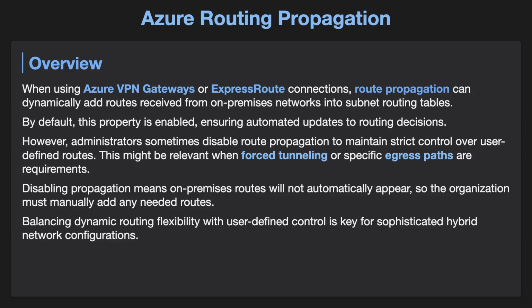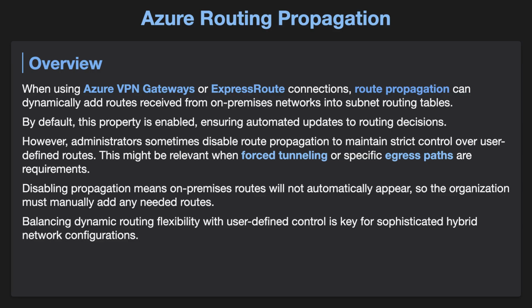When using Azure VPN gateways or ExpressRoute connections, route propagation can dynamically add routes received from on-premises networks into subnet routing tables. By default, this property is enabled, ensuring automated updates to routing decisions. However, administrators sometimes disable route propagation to maintain strict control over user-defined routes.